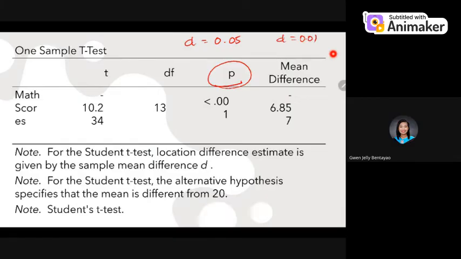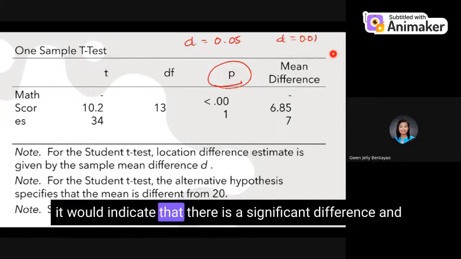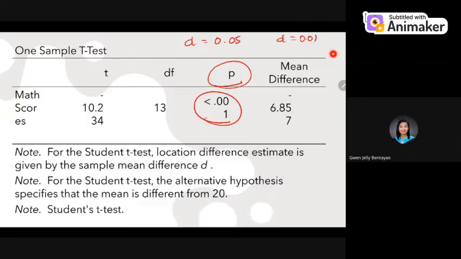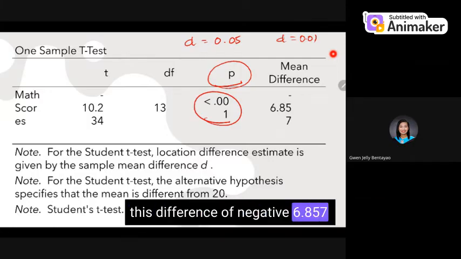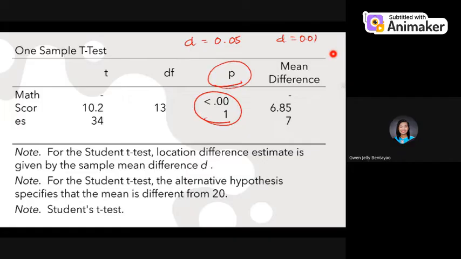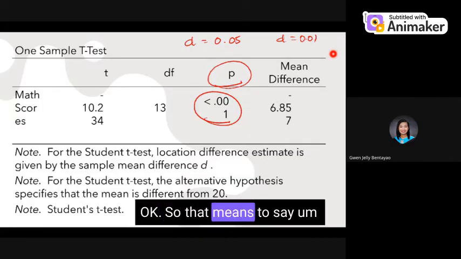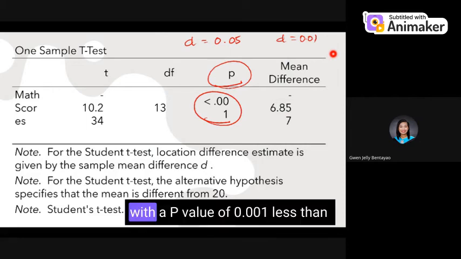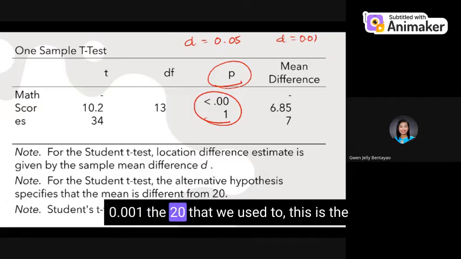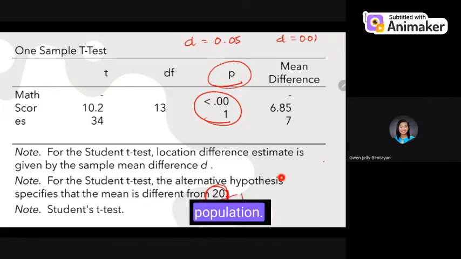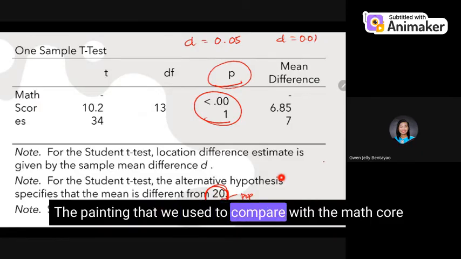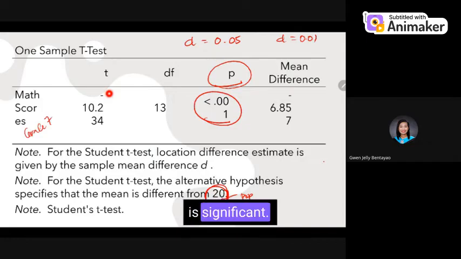Now here, it would indicate that there is a significant difference, and this difference of negative 6.857 is significant. So that means to say, with a p-value of less than 0.001, the 20 that we used to compare with the math score of the grade 7 is significant. Okay.